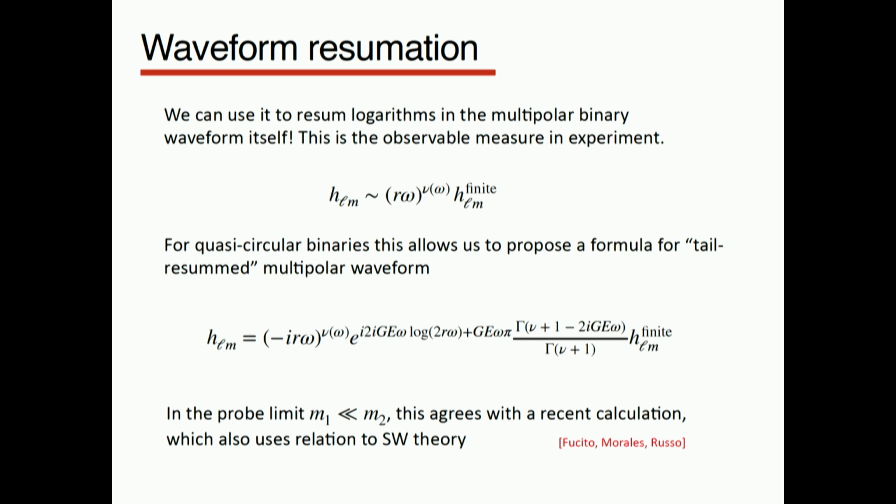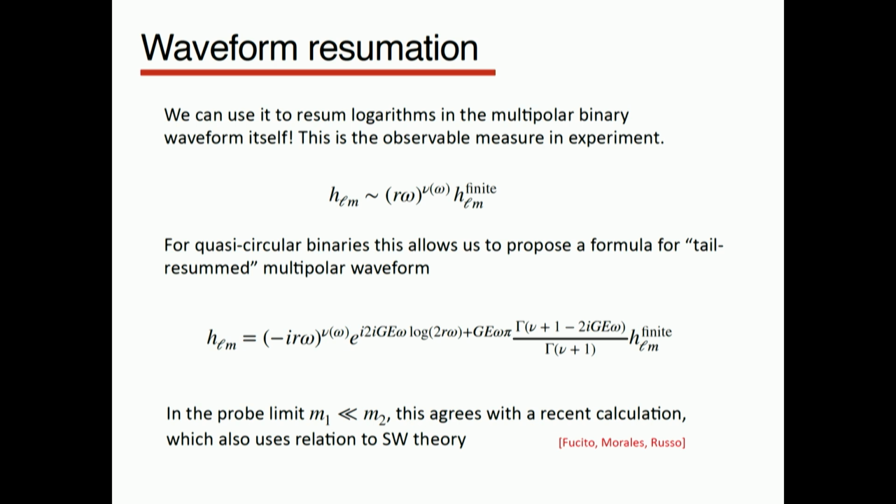This is the spectral waveform, not in the time domain, but in the frequency domain. We can predict that a bunch of logarithms will be resummed as a power of this anomalous dimension. And for quasi-circular binaries, which is what people usually study, we can propose this formula that resums many of the logs.